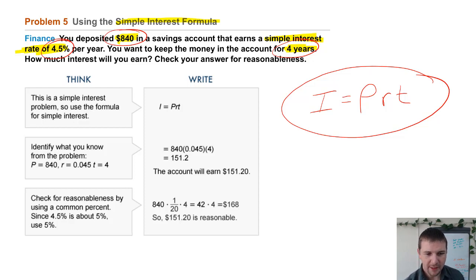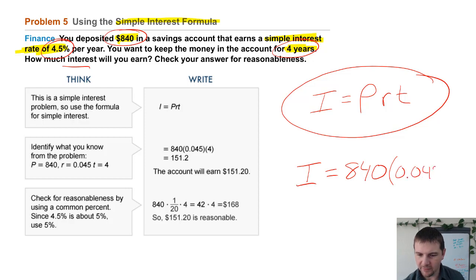So 840, that's the amount we invested. That's going to be our principal. We're checking for interest, so I know that interest is going to remain a variable. Capital I equals 840 times our rate of 4.5%. We'll write that as 0.045 for 4 years.